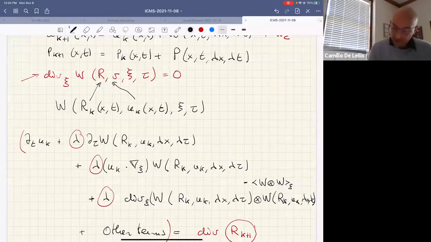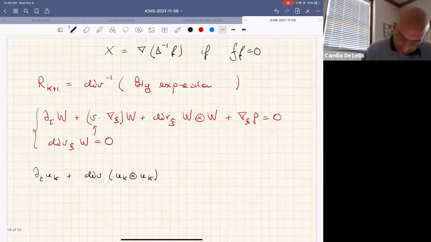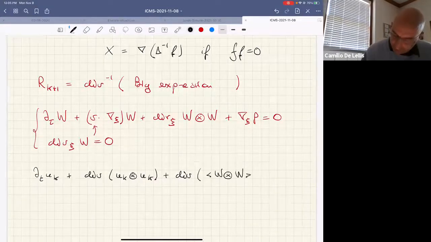But it's still a function which depends on x and t, so let me keep it over here. Then I have other terms.